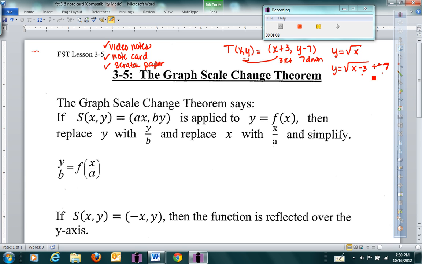Okay, well the graph translation theorem is for sliding points, so all the points of a particular figure, left and right horizontally, and then up and down vertically. Well, we can also do something similar with the graph scale change theorem. When we talk about scaling something, we're talking about multiplying it by a scale factor.